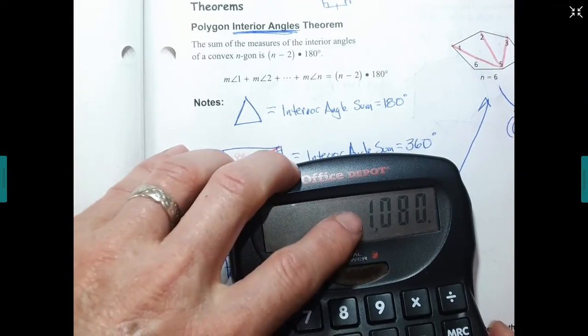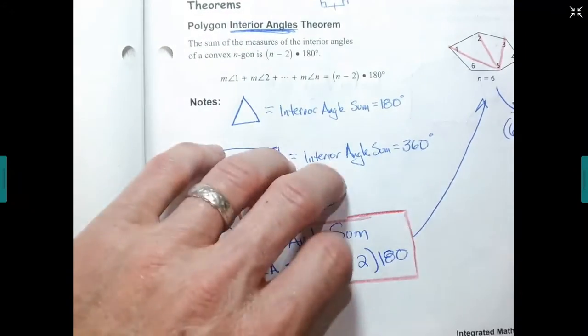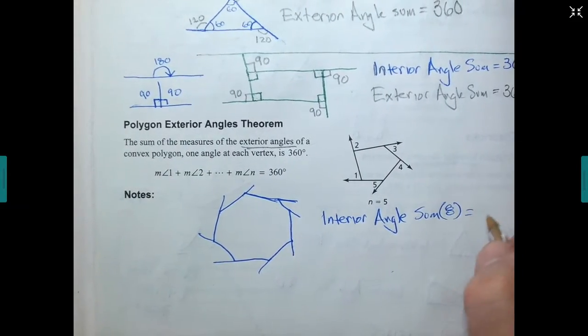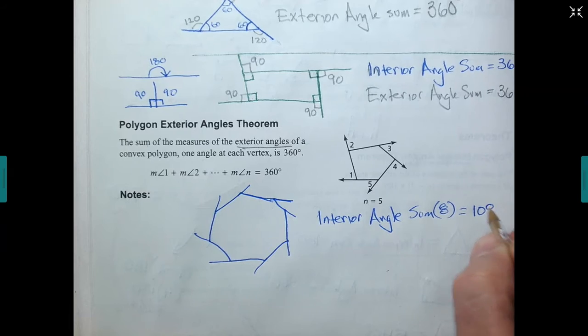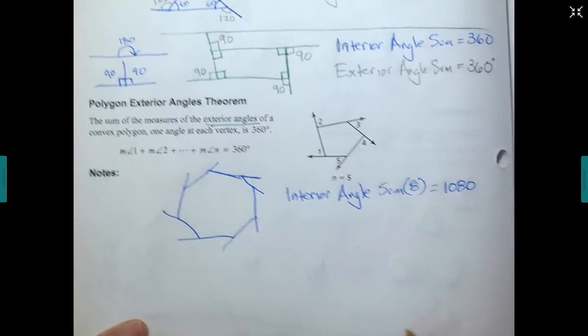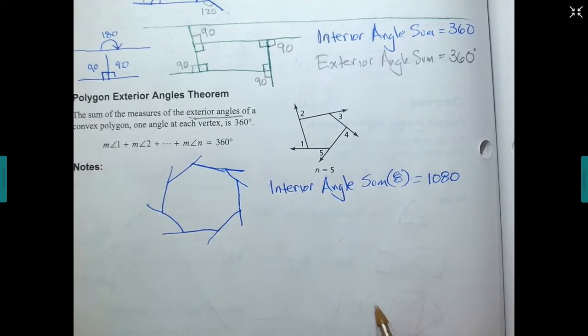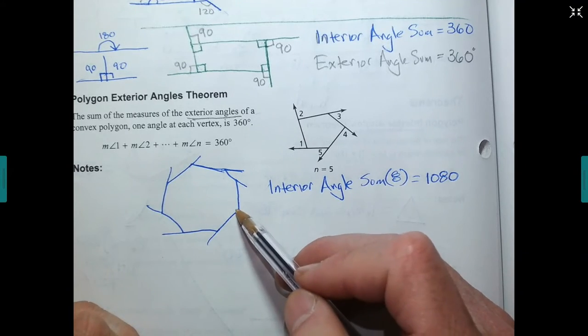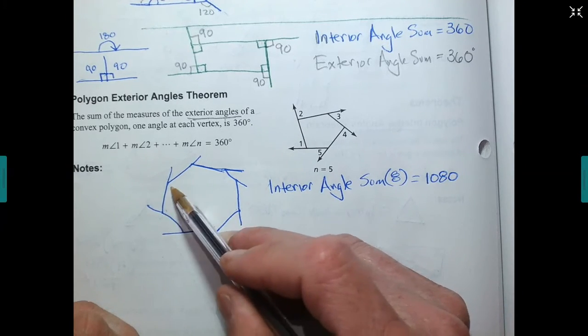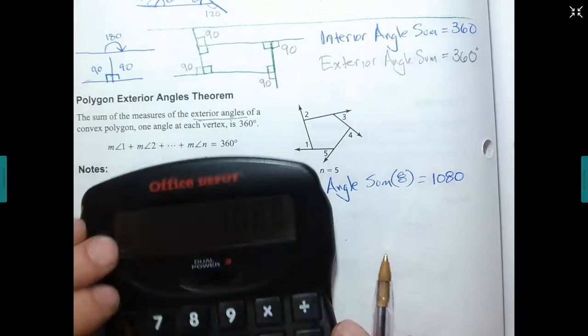So my angle sum is 1080. So my interior angle sum equals 1080. Now let's check. If this were a regular polygon, I've got 1, 2, 3, 4, 5, 6, 7, 8. So I've got 8 angles.